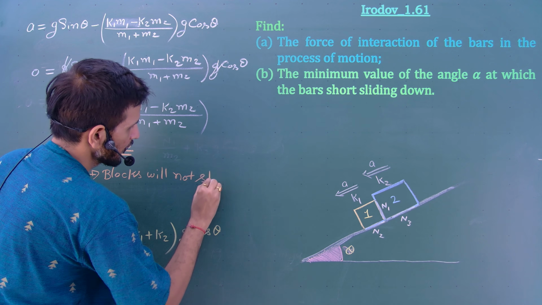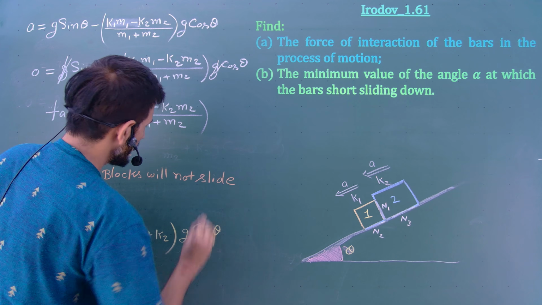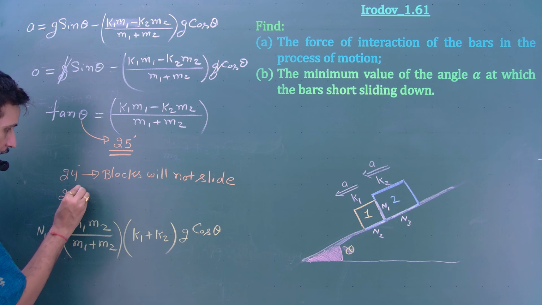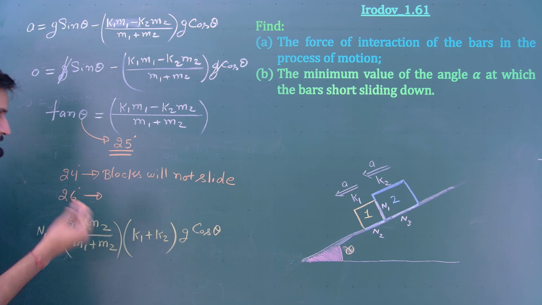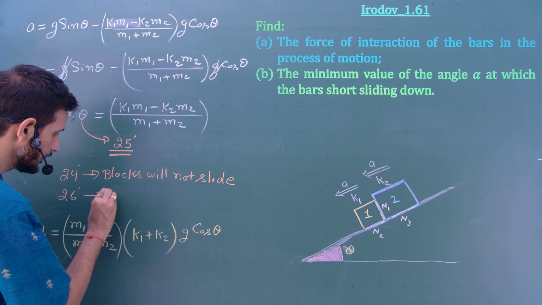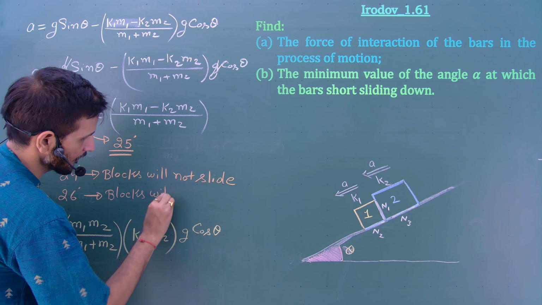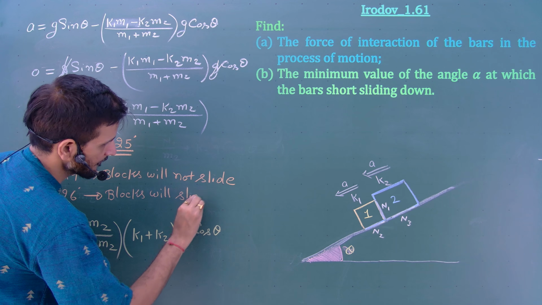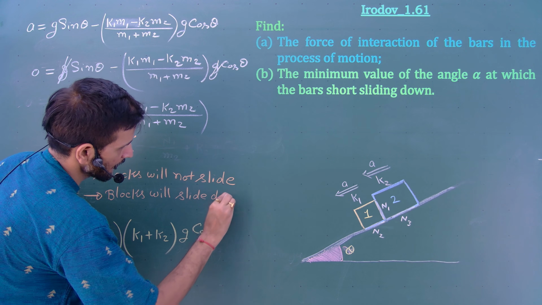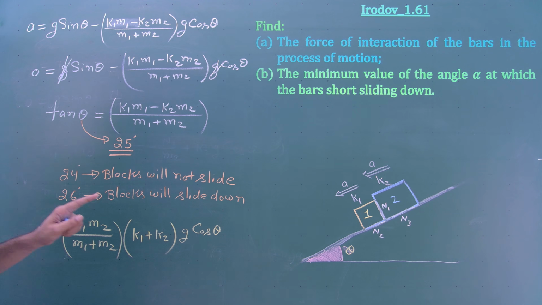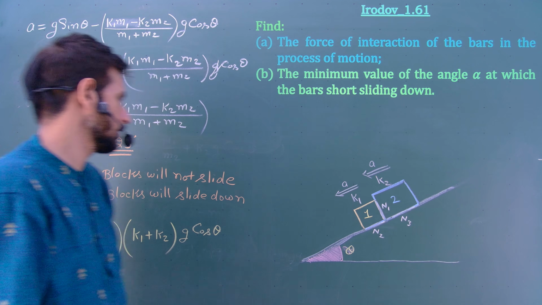Due to friction force, the block will not slide. When theta is 26 degrees or above, 27, 28, 29, anything, the blocks will slide down and the acceleration of both blocks is the same.